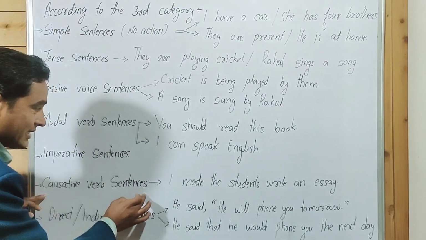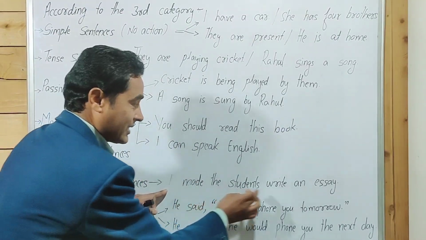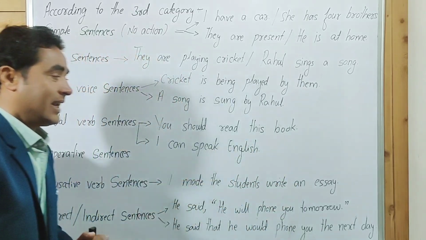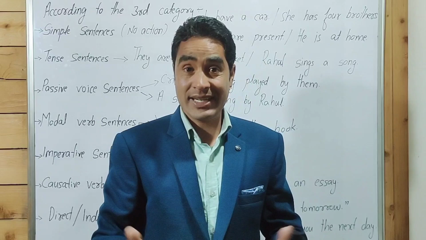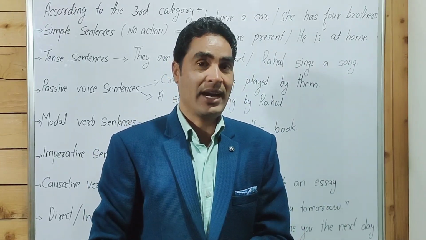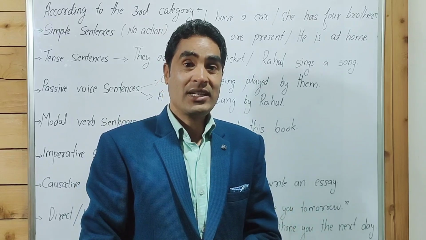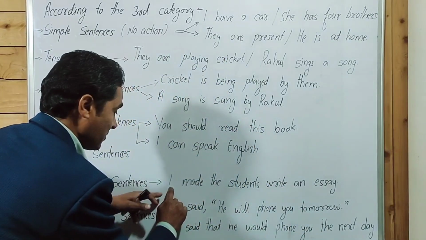Causative verb sentences. For example: I made the students write an essay. Here, a causative sentence is used when a person causes another person to do something. I repeat, a person causes another person to do something. Here I is the subject.